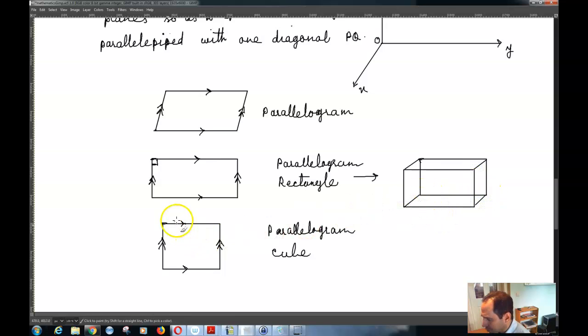And if you put 6 of these together, you will get a cube. Of course, this is a square, this is a square over here, this is a square, but then this will be a cube.